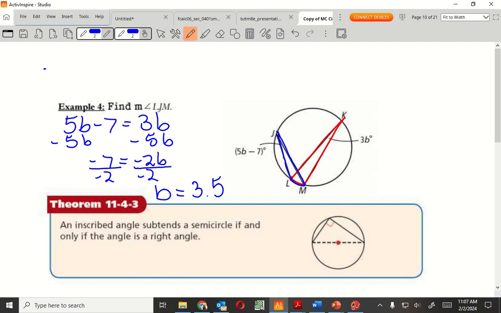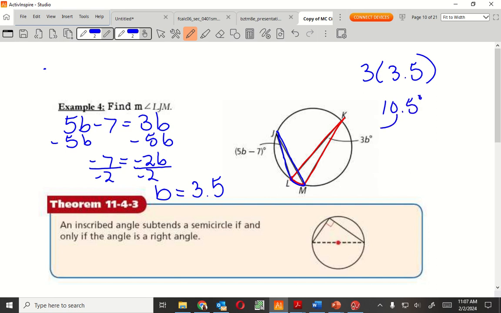Bingo. Okay. Now it's not asking for solving for b. It says find the measure of the angle. So let's plug it in at angle K. That's going to be 3 times 3.5, which is 10.5.